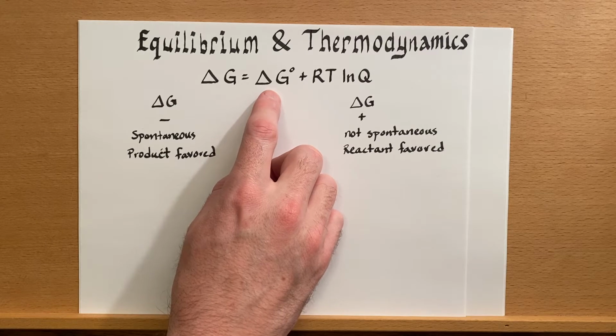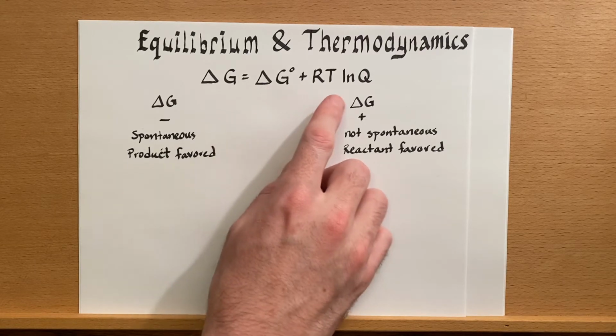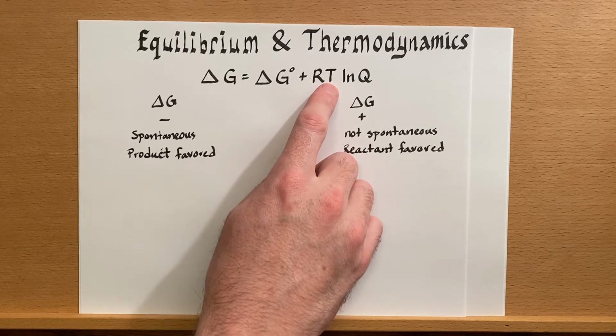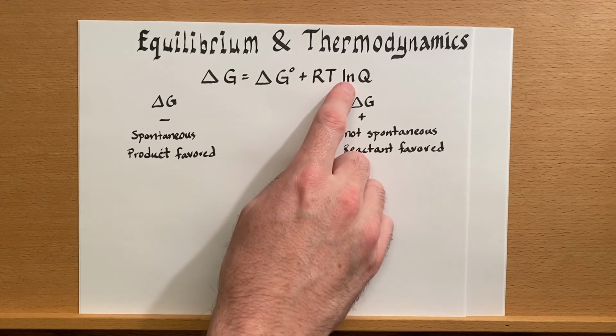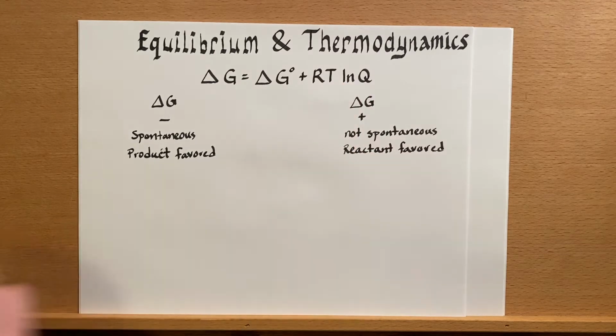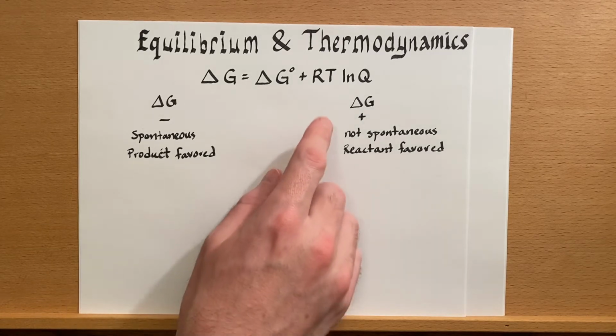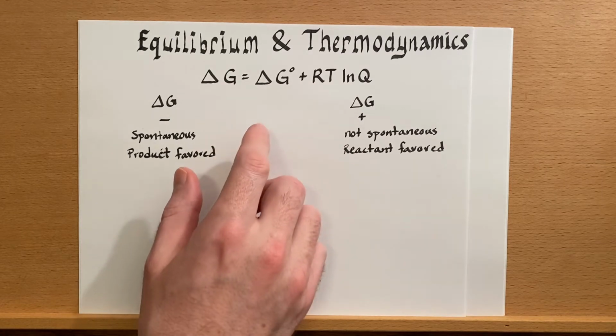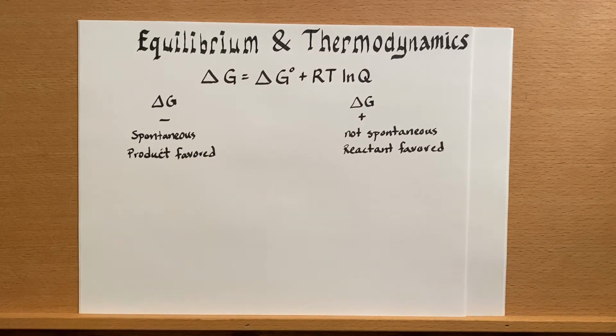They may exist for the reaction that we want. Plus the gas constant times temperature in Kelvin times the natural log of the reaction quotient. And so you can see you could use this equation to determine what would happen at different temperatures to a particular reaction.